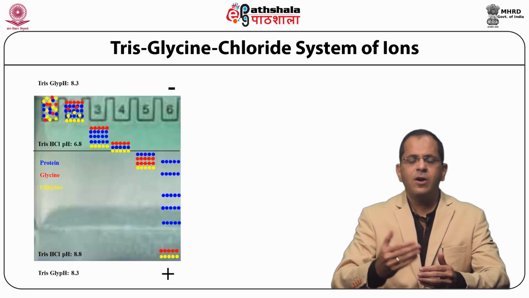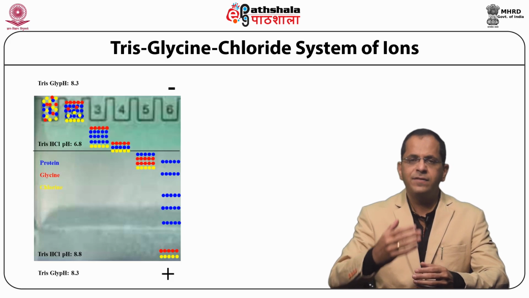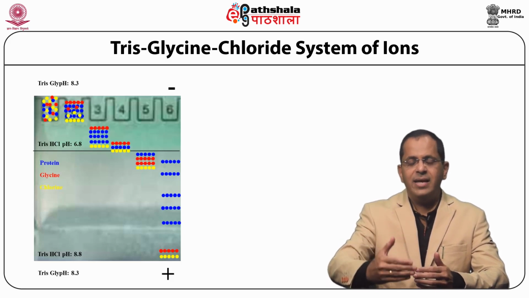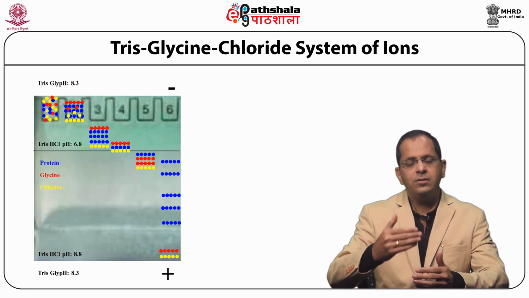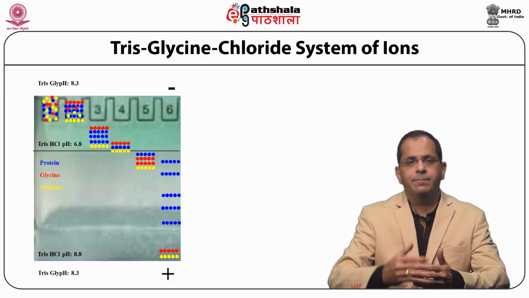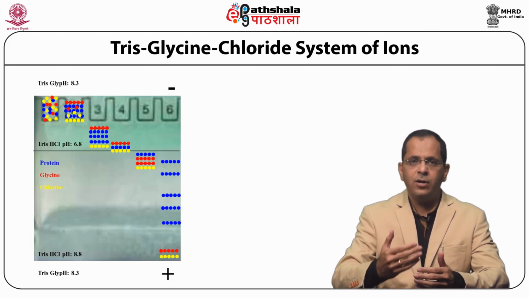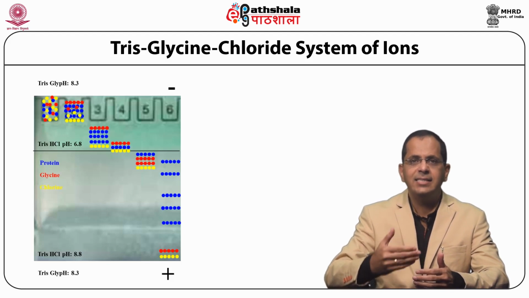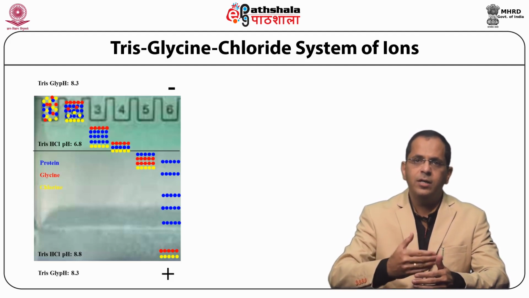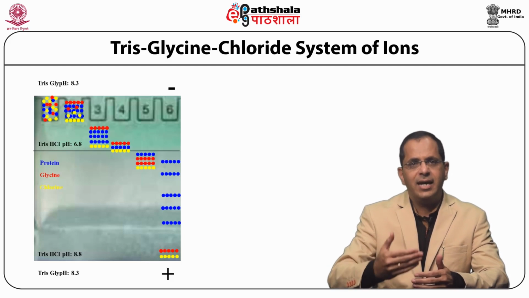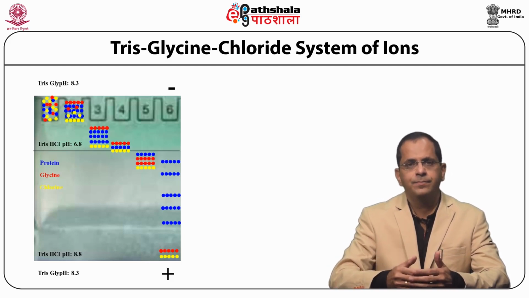Tris-Glycine-Chloride system of ions. The whole concept or the biophysical principles in SDS PAGE revolves around this particular concept. The chloride ions from the gel buffer serve as the leading ion as it has the highest attraction to the anode with respect to the other anions in the system.